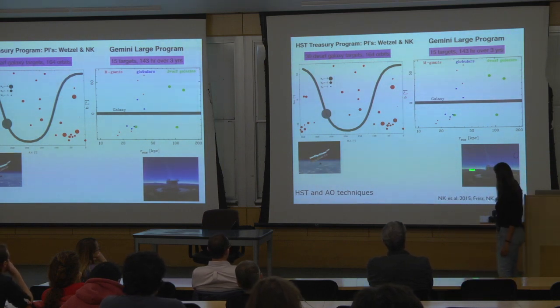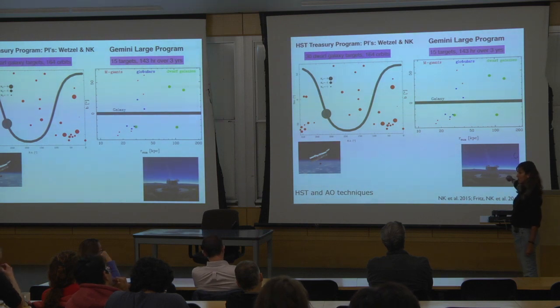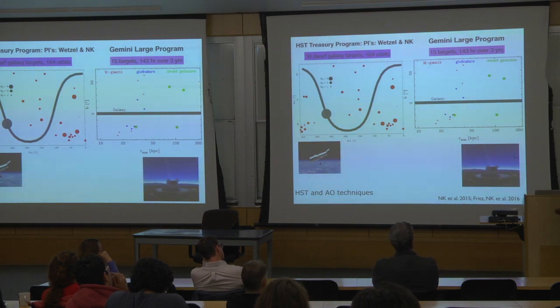And again, the aim of this program is to measure Milky Way mass. So what you're looking at here is a sample of M giants that belong to the Sagittarius stream. In the middle distance range, a few globular clusters, and at the most distant part of our range, at 100 to 200 kiloparsecs, we have some dwarf galaxies.